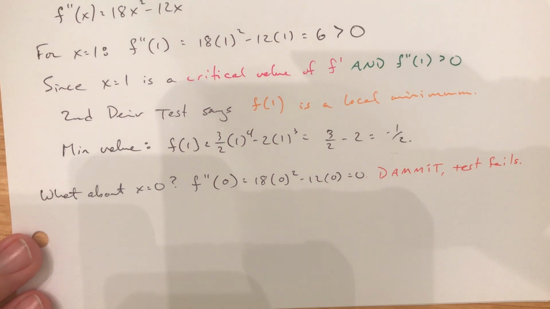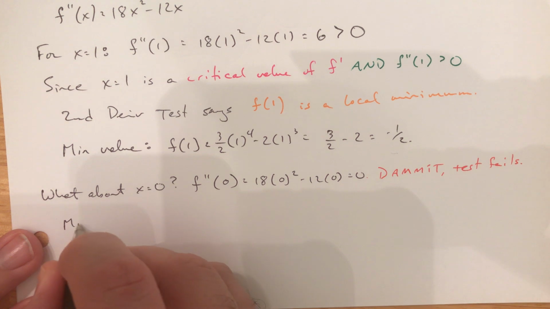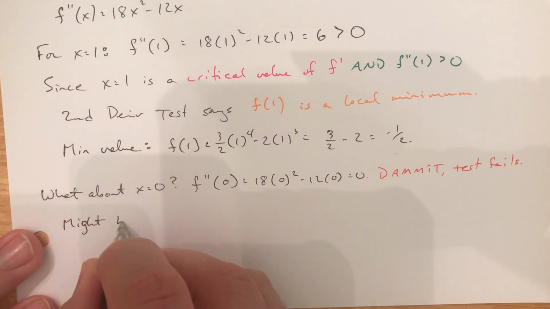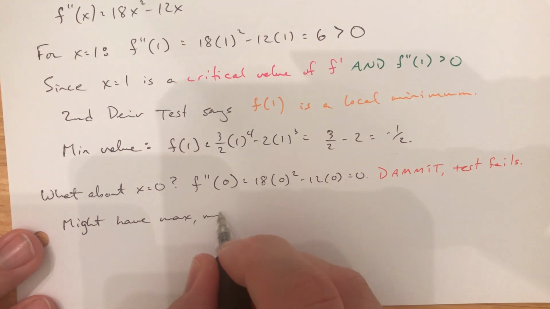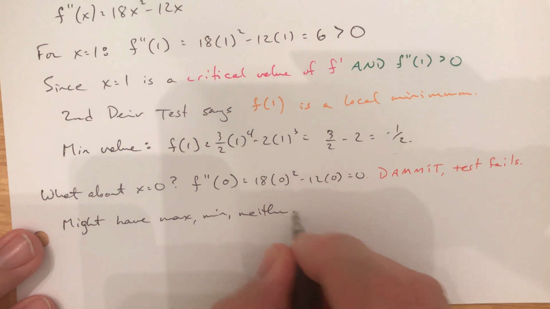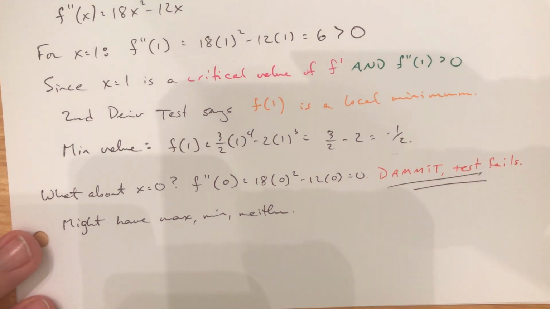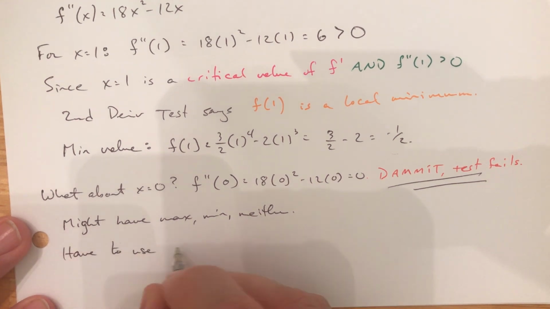So this is a case where the second derivative test is not applicable. We might have a max at 0, might have a minimum at 0, or we might have neither, but this test is not going to tell us that. We have to use that first derivative test.